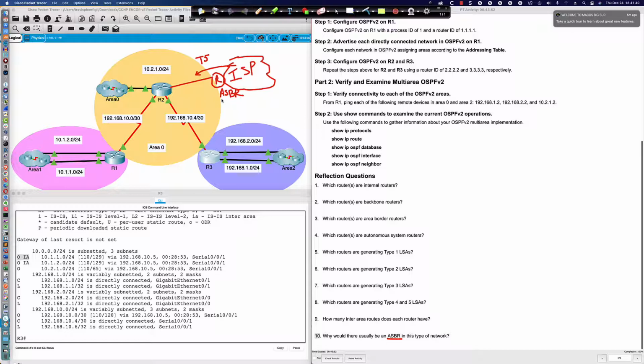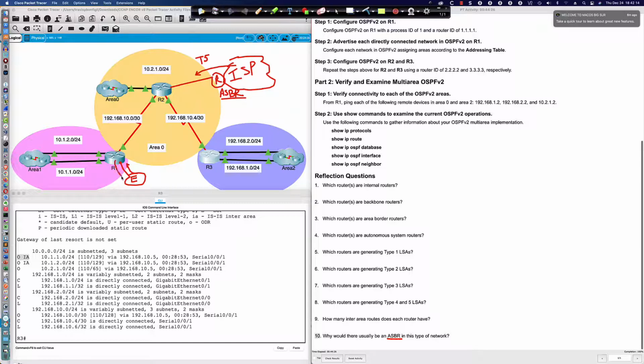And so the ASBR deals with external information, not intra-area information, not inter-area information, but external information. Now, it doesn't have to be only in area 0. I could have off of router 1 here a network connection, an interface dedicated to a connection with an EIGRP router that is also redistributing information into area 1.